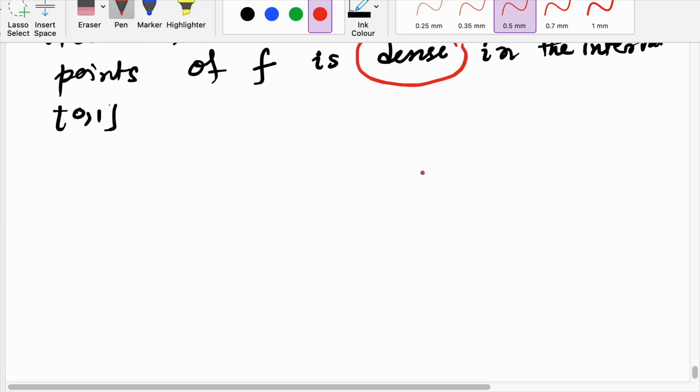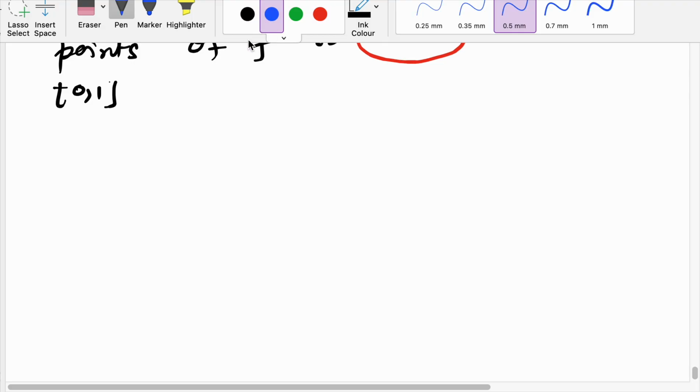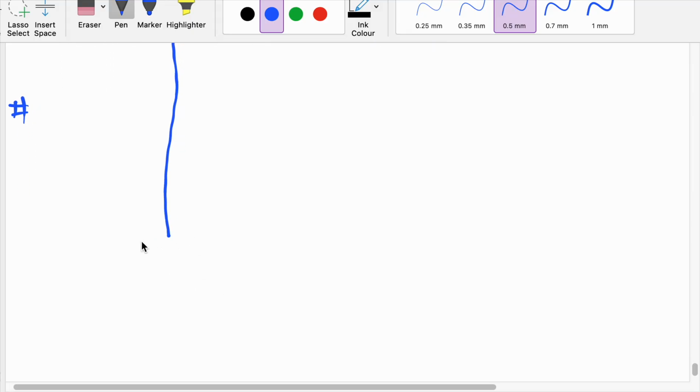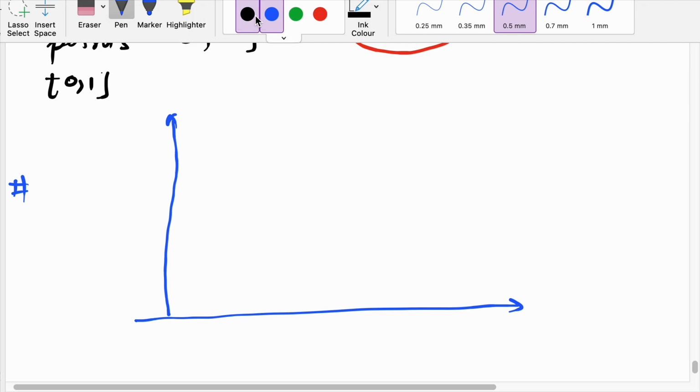So what do we want to prove? Proof: if I give any interval, suppose this is the interval I, and here also I will use the spike lemma. Suppose this is 1.